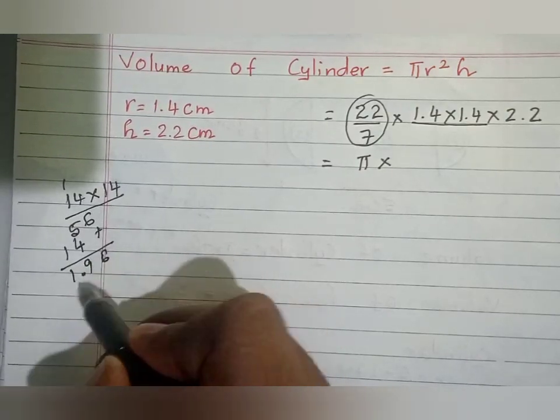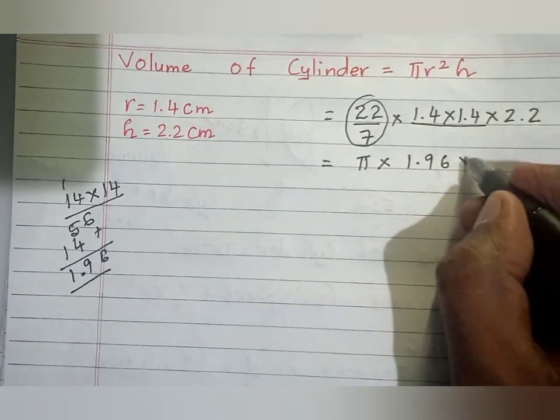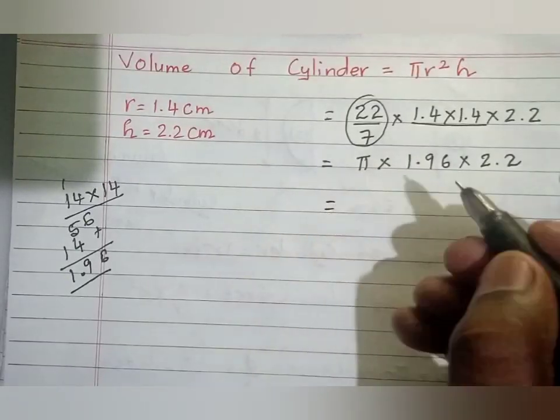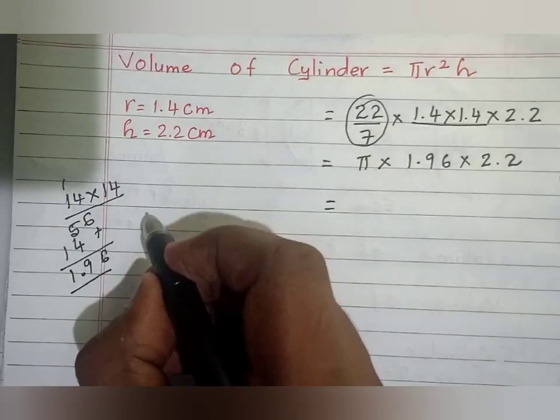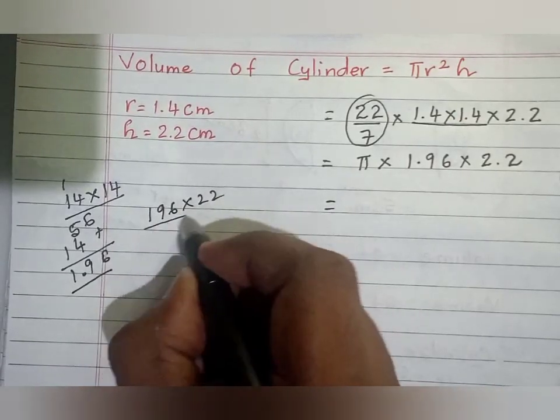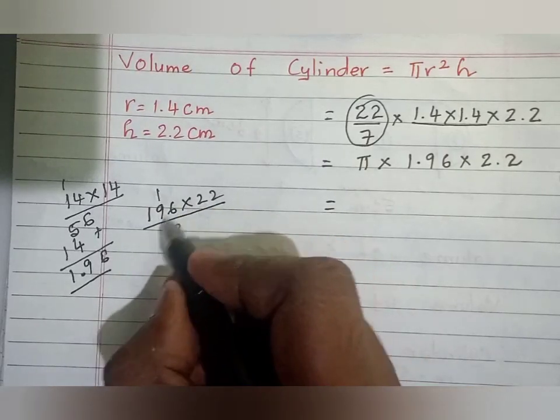Now we need to put the decimal point before two numbers. So 1.96 into 2.2. Now pi into 1.96 into 2.2. I'll remove the decimal points. Now multiply 196 into 22.